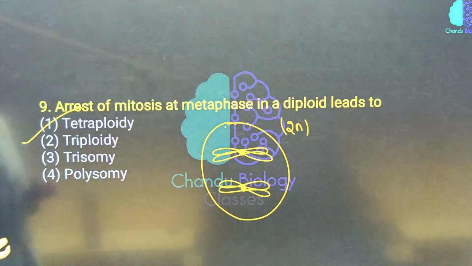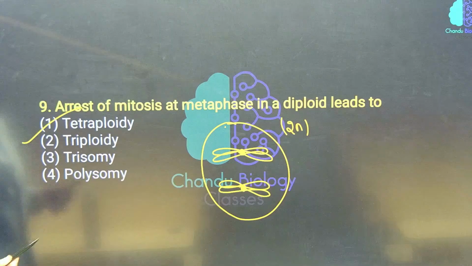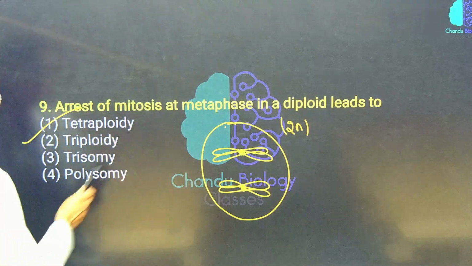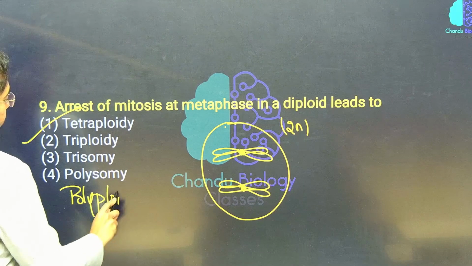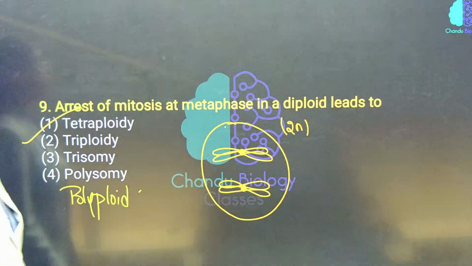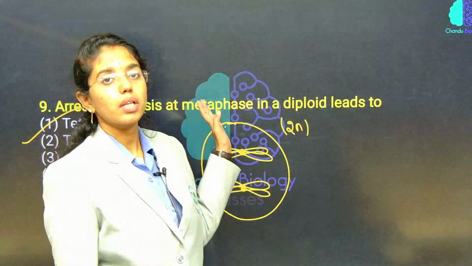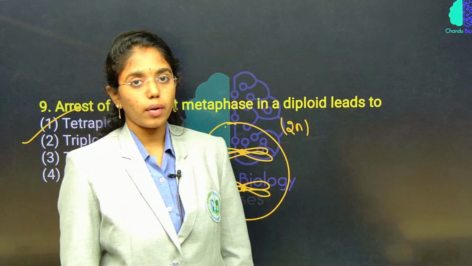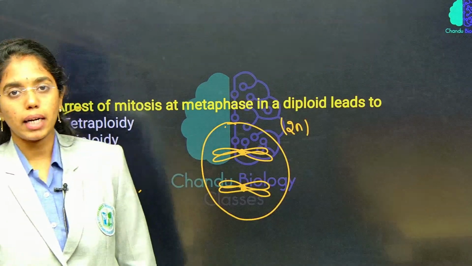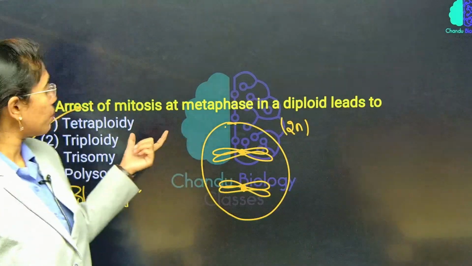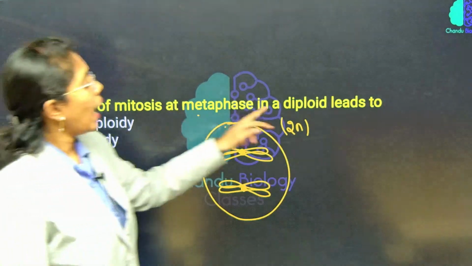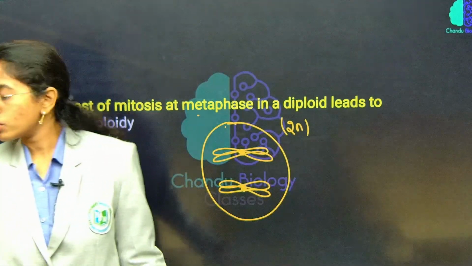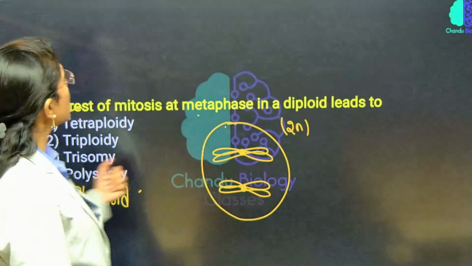Or if this is not given, you can also choose polyploid, because karyokinesis is interrupted in between. This is not followed by cytokinesis, which leads to a polyploid condition. But here he has clearly mentioned in which phase karyokinesis is being interrupted and what the ploidy of the cells is. Okay. So, you can easily identify it as tetraploid.